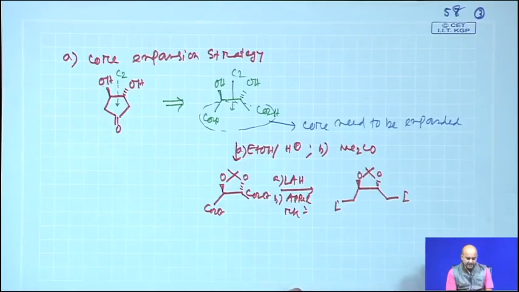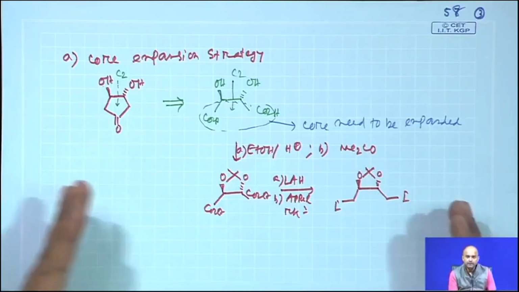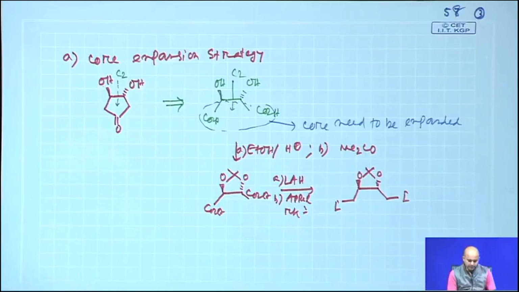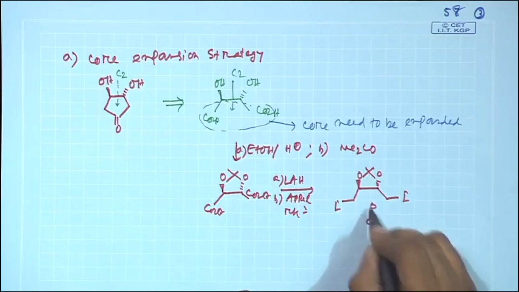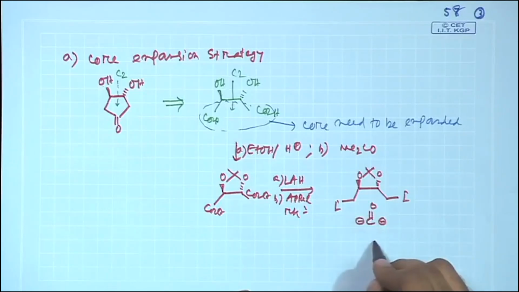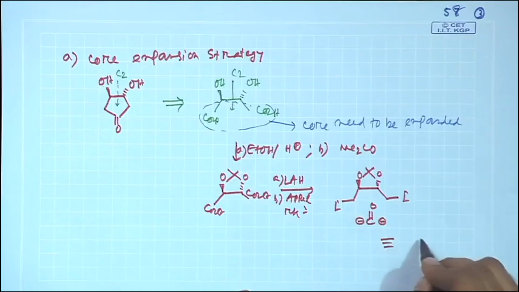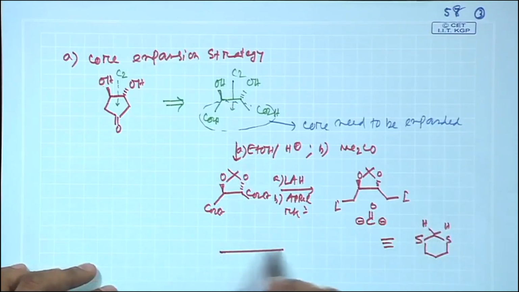Now, in core expansion strategies, the left half and right half are reacted in the same way. I mean, you basically expand both ways, and then you react with a 1,3-dithiane anion. The 2-lithio-1,3-dithiane you can easily generate from formaldehyde dithioacetal.